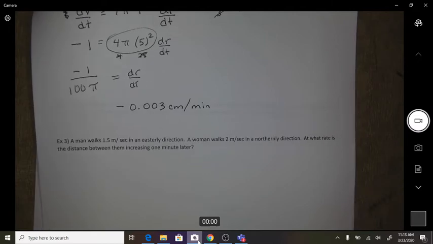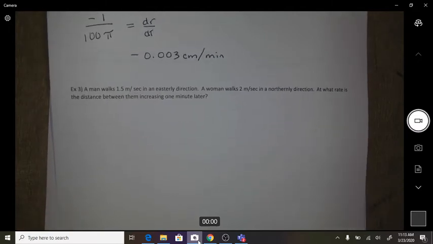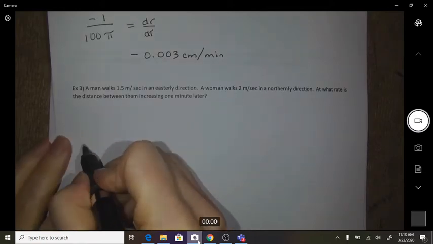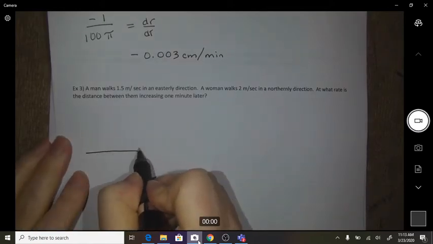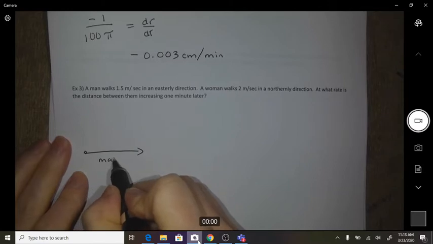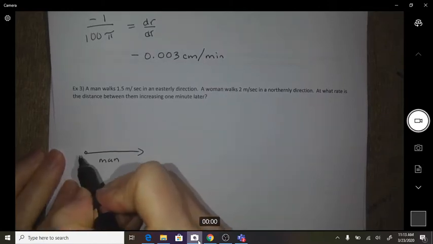Okay. A man walks 1.5 meters per second in an easterly direction, and a woman is walking in a northerly direction. Okay, so the man is going east, and a woman is going north.